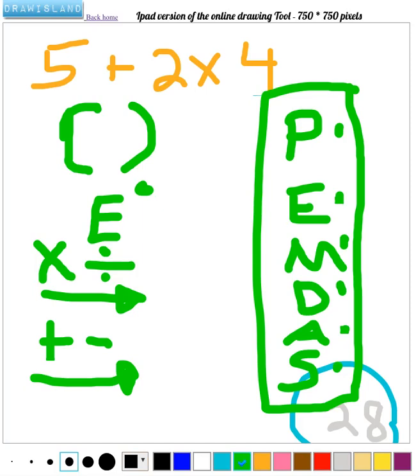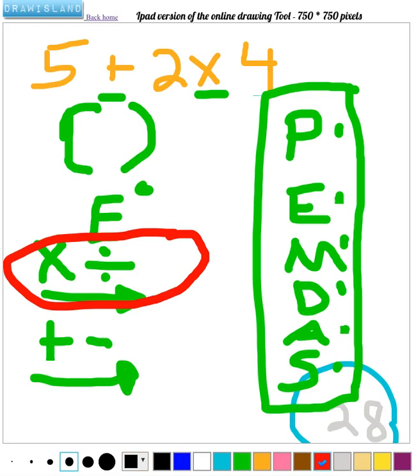So, as you can see, 13 was the right answer because I multiplied before I added. Here, multiplication and division are on the same level. What does that mean? Which one goes first?